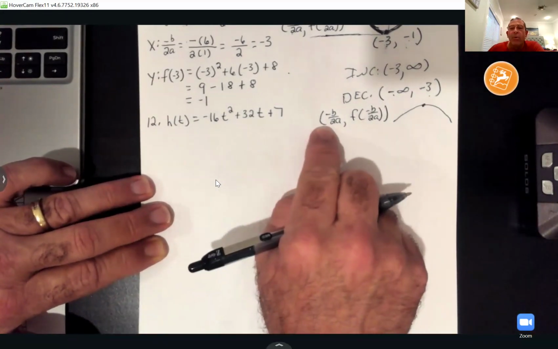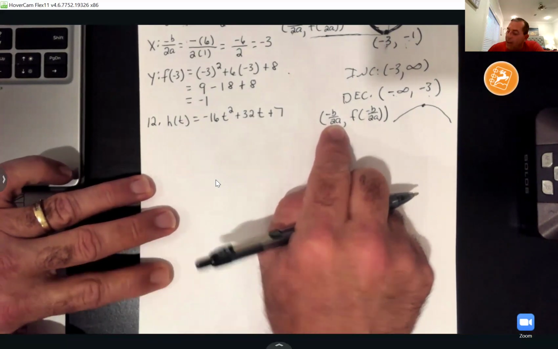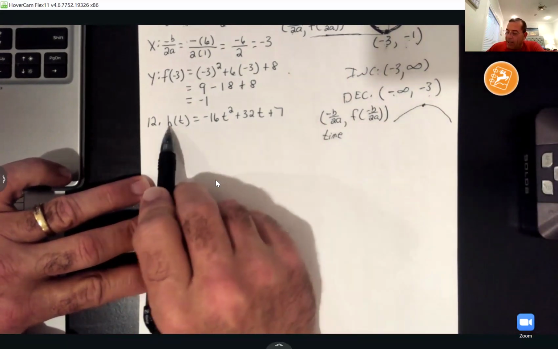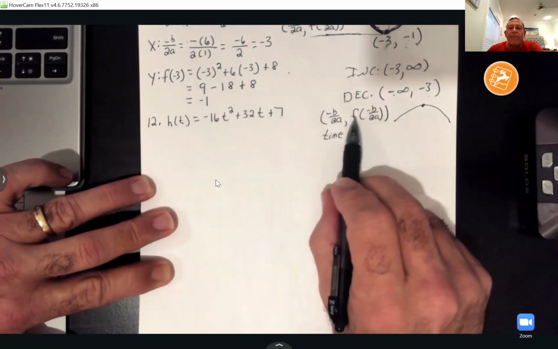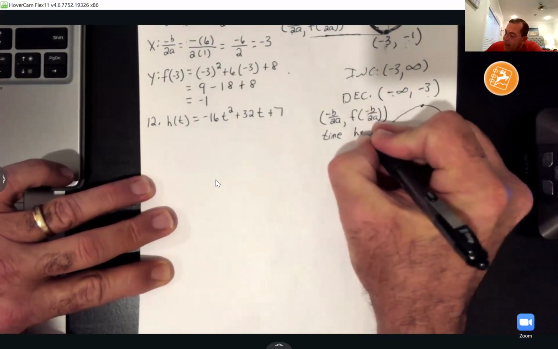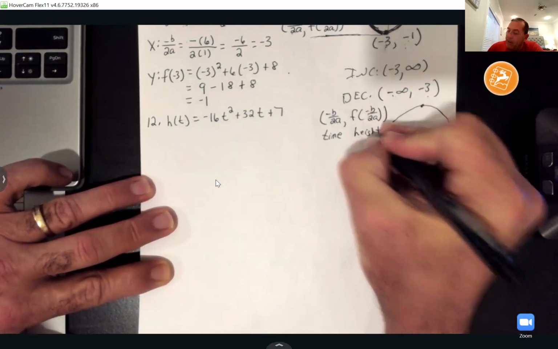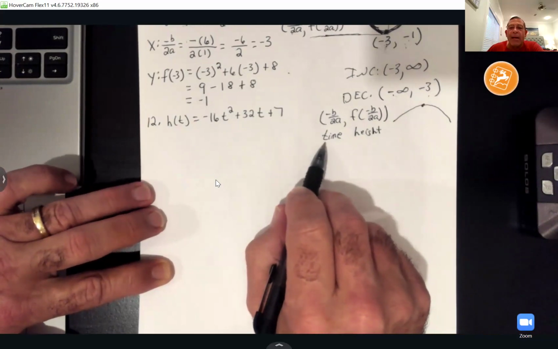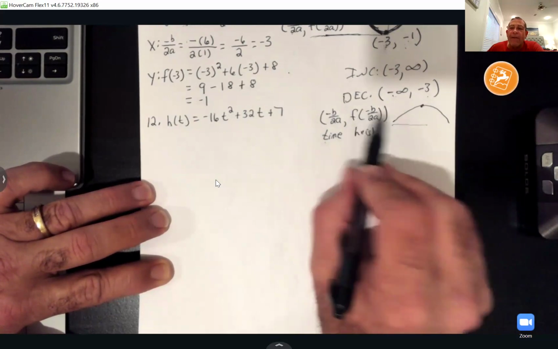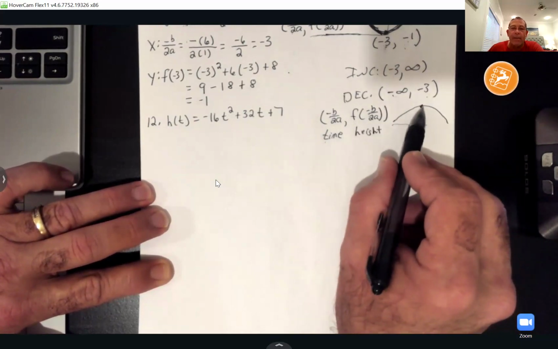So when you find negative b over 2a, that's going to be the time. And since this is h of t, when we find f of this negative b over 2a, that'll be the height. So the x value is the time it takes going out, and then the y value is how high it went, okay?